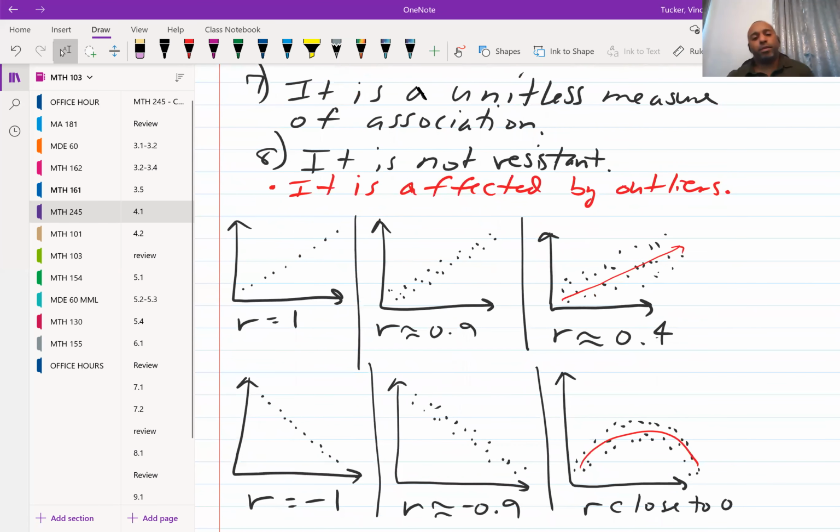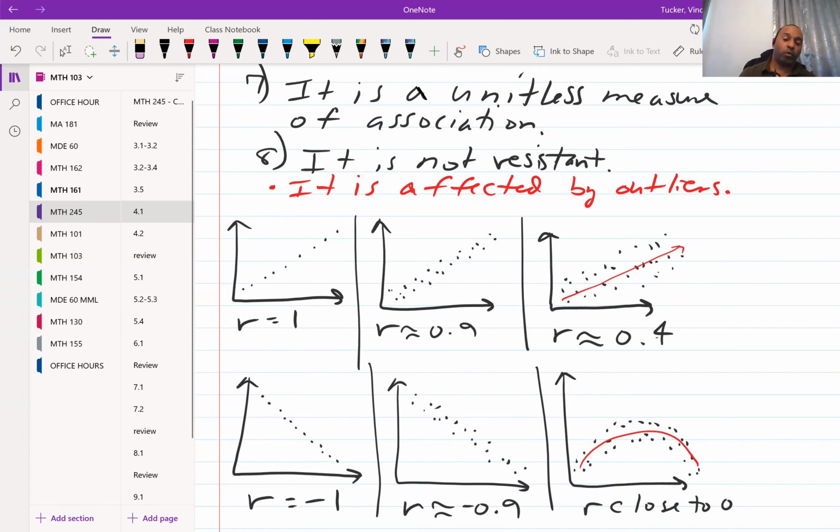All right, so here we have a few generic examples of how the correlation coefficient reflects what's going on with your scatter plots. So you see the first one is a +1, and it's a straight line. And as you go to the left, it's going up. So that would be considered a perfect positive association.